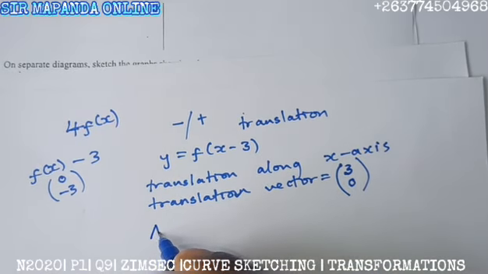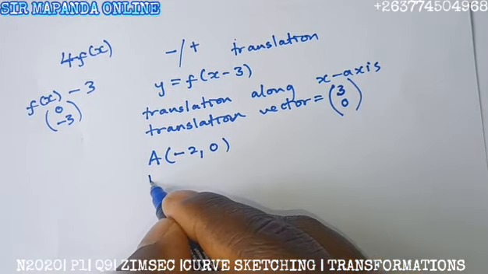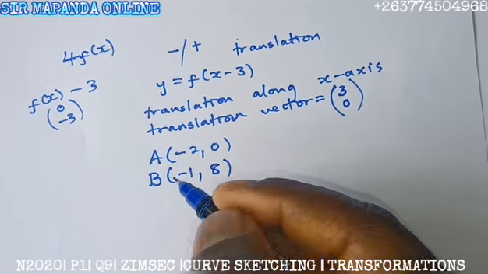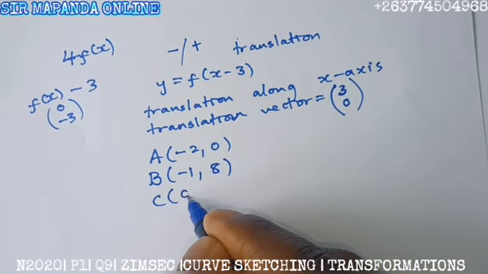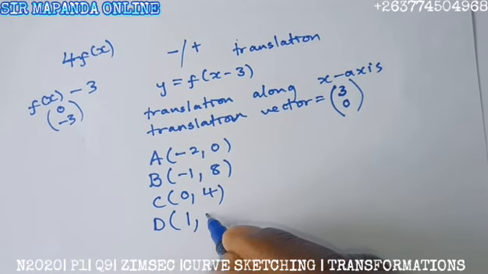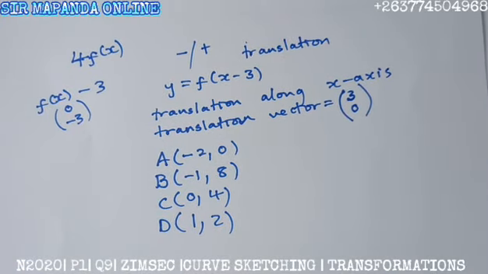So do not forget that we have the original values. A is minus 2 and 0. B is minus 1 and 8, right? C is 0 and 4, whereas D is 1 and 2, something like this. So what is the meaning of translation with the vector 3?